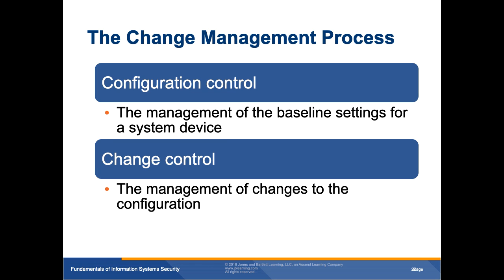Change management process, right? So configuration control is just the management of our baseline settings for a system or device. So you develop an application and you put it out in production. Those settings to get it out into production is called the baseline setting.